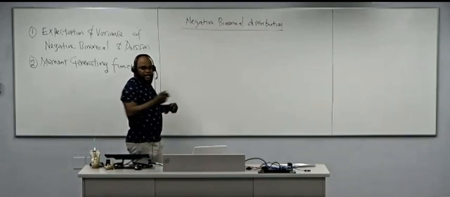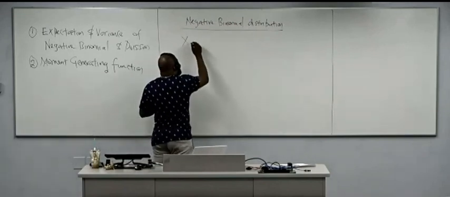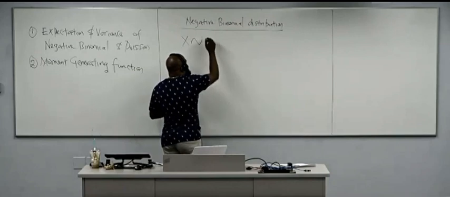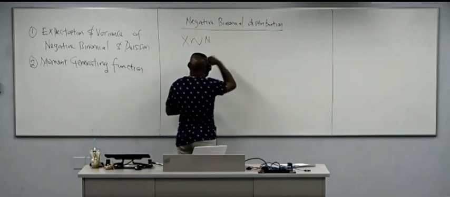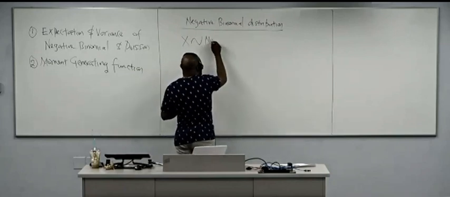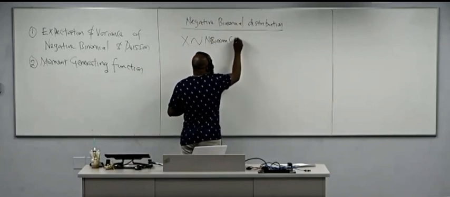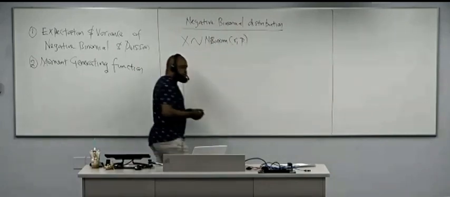For instance, I have a random variable x that follows a negative binomial distribution, let me just say NBinom with parameters r and p.